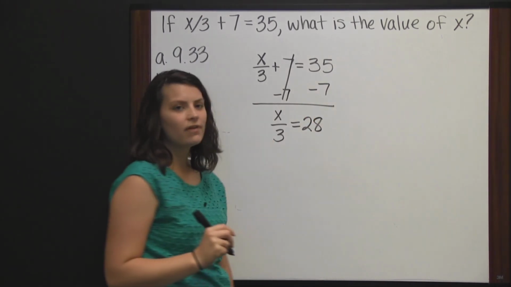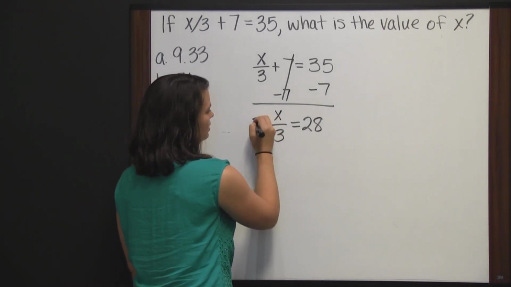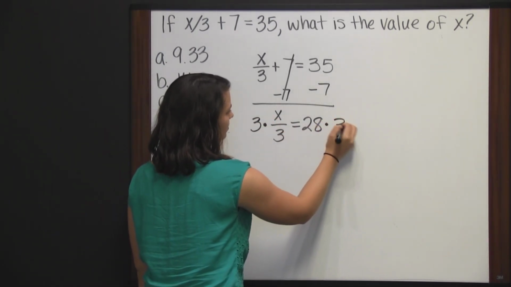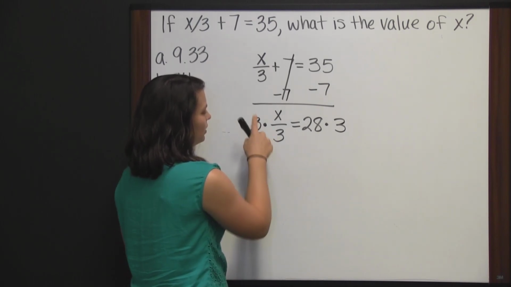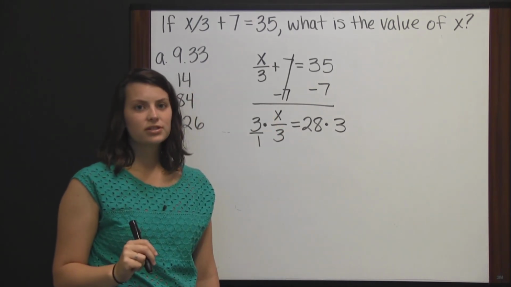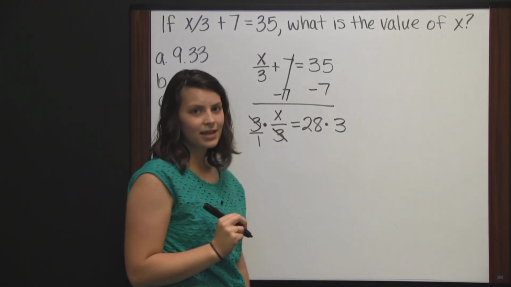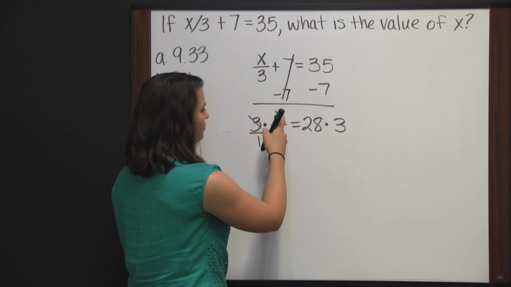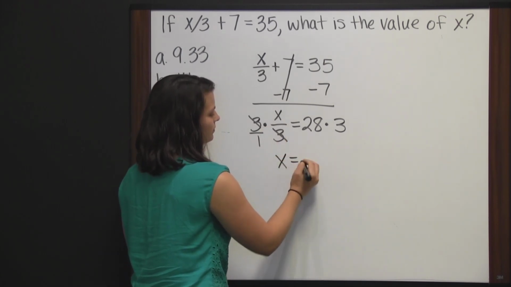The opposite of dividing by 3 is multiplying by 3. So now we need to multiply both sides by 3. If you put this 3 over 1, now you're multiplying two fractions together, and the numerator and this denominator cross cancel. And you're simply left with x divided by 1, which is just x.